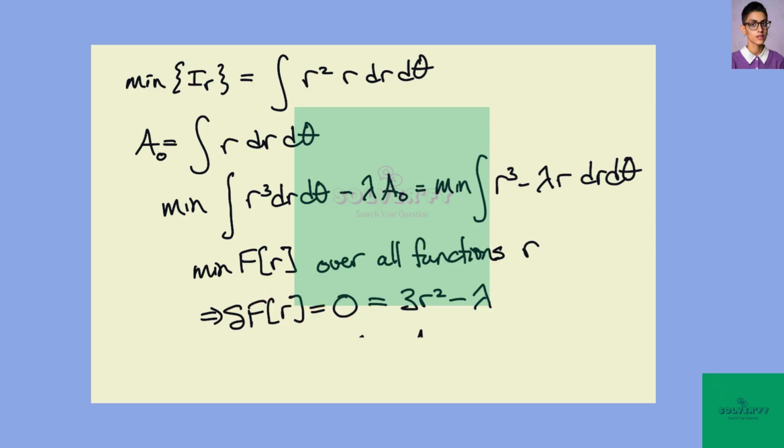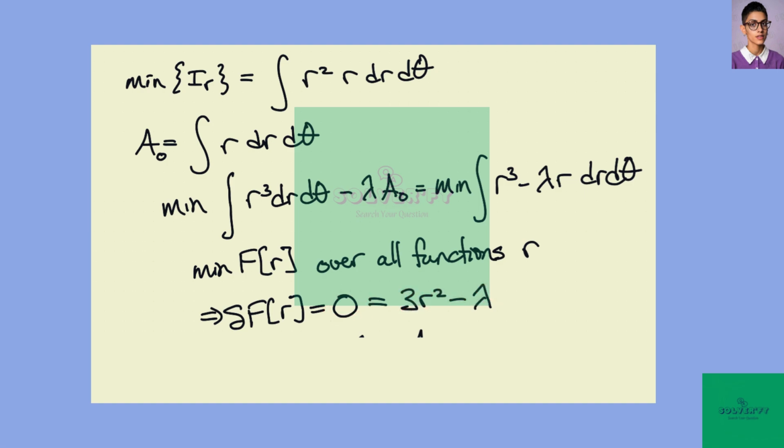It's like setting the derivative of a function to 0 to find an extremum. And the variation of this functional is 0 only when the derivative of this with respect to r is 0. So that says that we need 3r squared minus lambda to be 0.